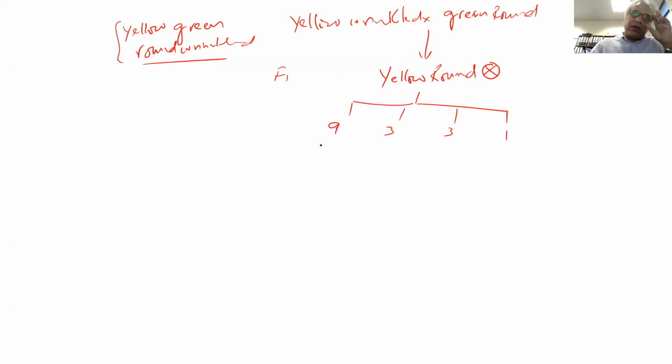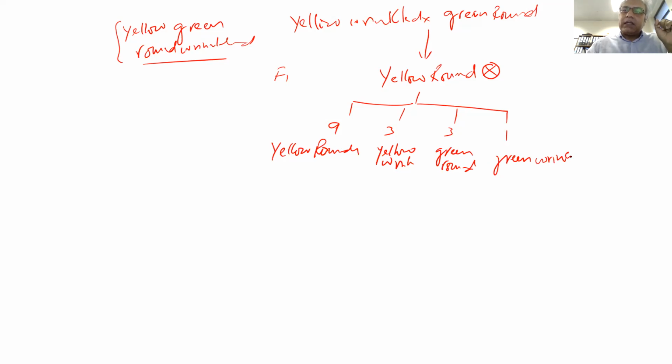And the 9:3:1 ratio means he received yellow rounds, yellow wrinkled, green round, and green wrinkled.